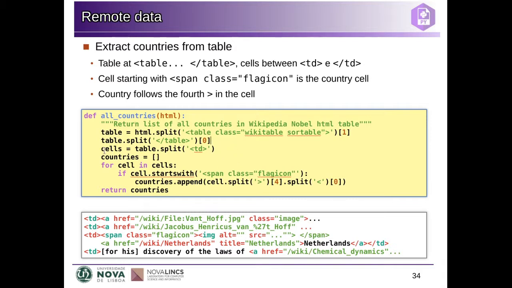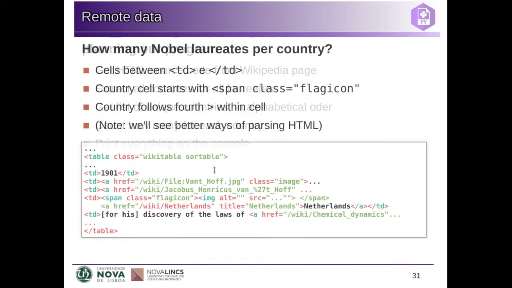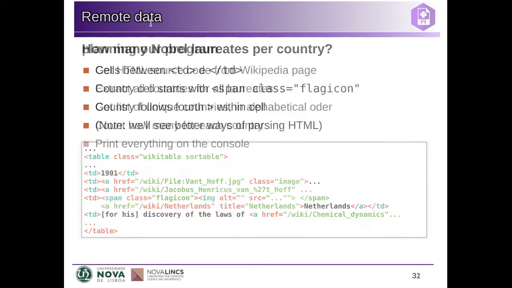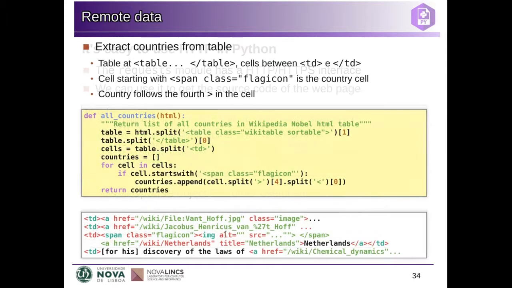Now we're going to split the table at the cell beginning, so all these td tags, and we're going to see for each cell if it starts with span class flagicon, that indication that we have here that this is the cell with the flag and the country. If it starts with that string, we're going to split it according to the greater-than sign.